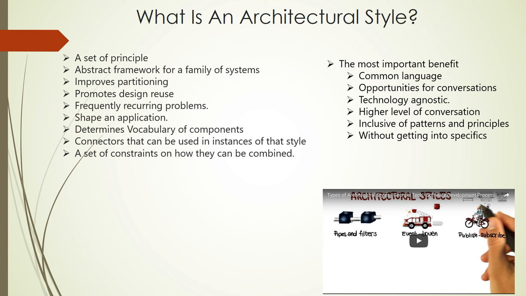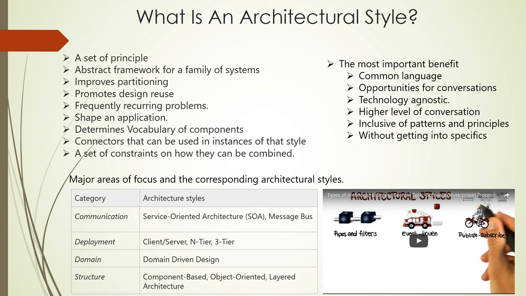Architectural styles can be organized by their key focus area. The following table lists the major areas of focus and the corresponding architectural style. There are 4 categories of architectural style. The first, in the communication category, is service-oriented architecture, or SOA, and message bus.